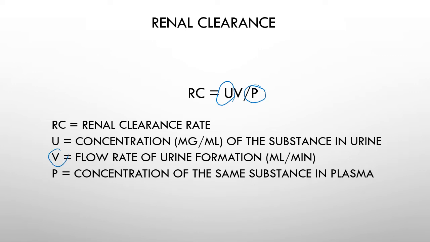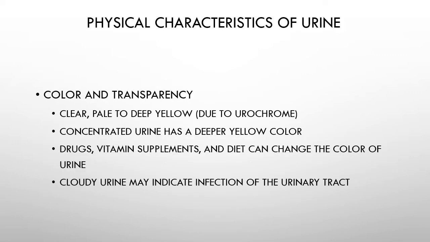The V there is the flow rate, milliliters per minute. So we're going to have to do something like a 24-hour catch or a 12-hour catch, and monitor how much water they're actually producing within that period of time.